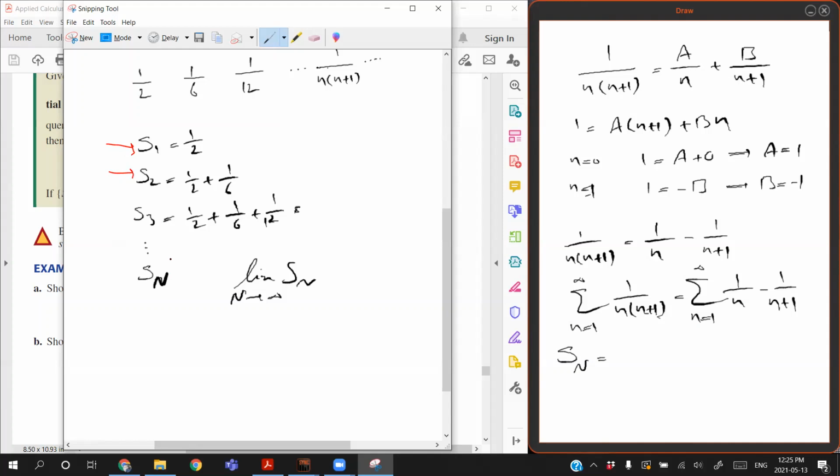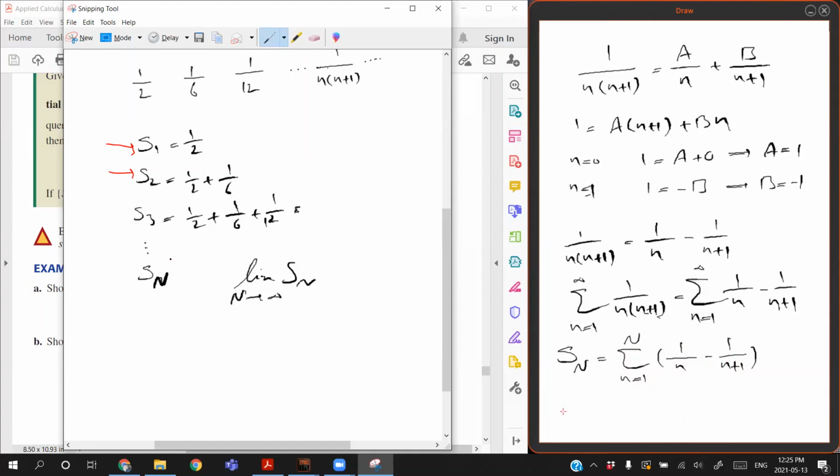That would be the sum of the first n terms. Let's see what happens. This is going to be sigma of 1 over n minus 1 over n plus 1, where n changes from 1 to uppercase N. That's the sum of the first n terms of the sequence.